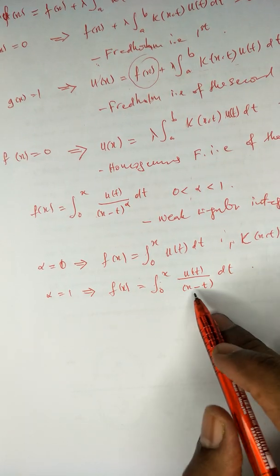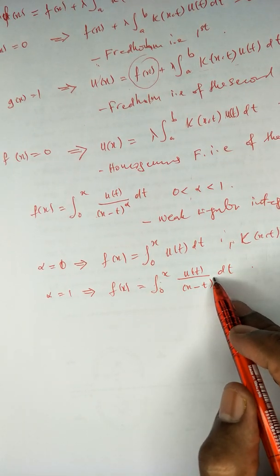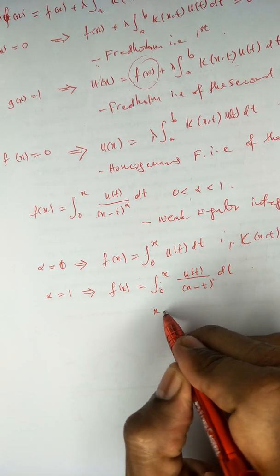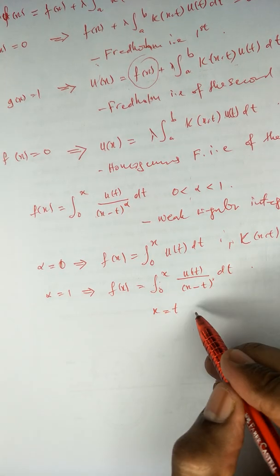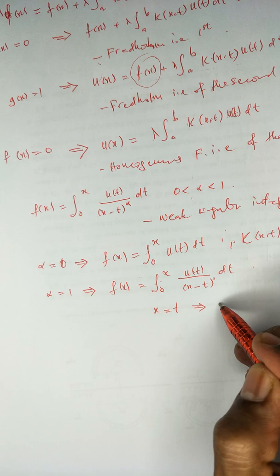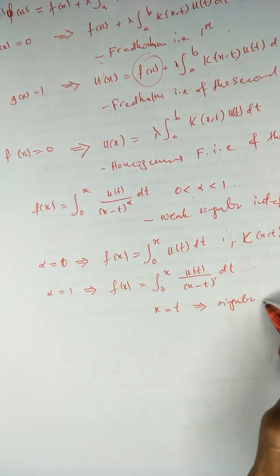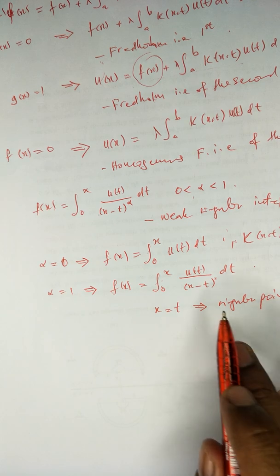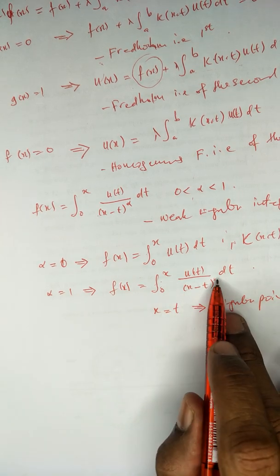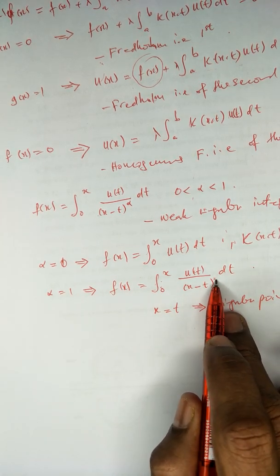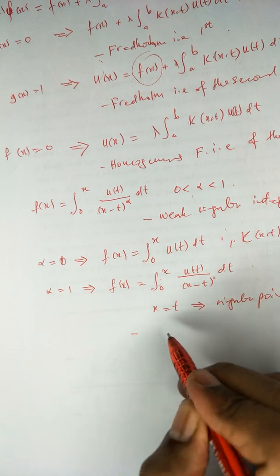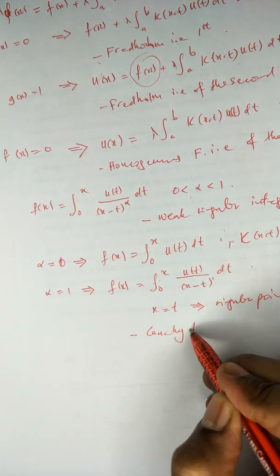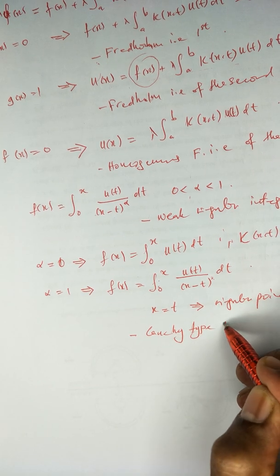We can see here the degree of singularity is 1 when x equals t, so we have a singular point there. In this case the order of singularity is 1, so we call it a Cauchy type singular integral.